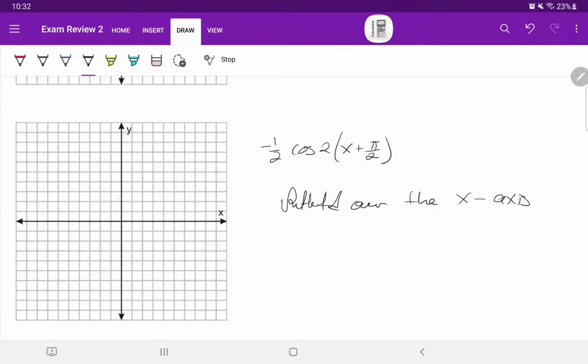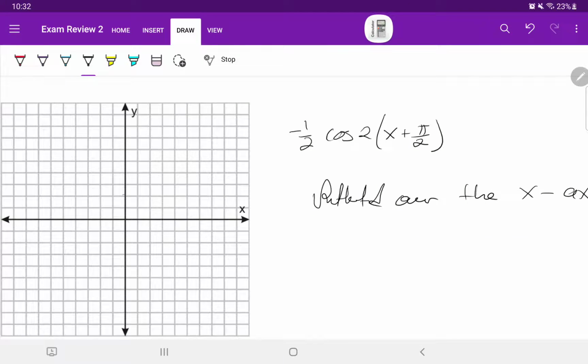So the amplitude is still going to be 1/2. My grid values will remain the same, as well as the period and also the interval value. Negative pi over 2, negative pi over 4, 0, pi over 4, and then pi over 2.